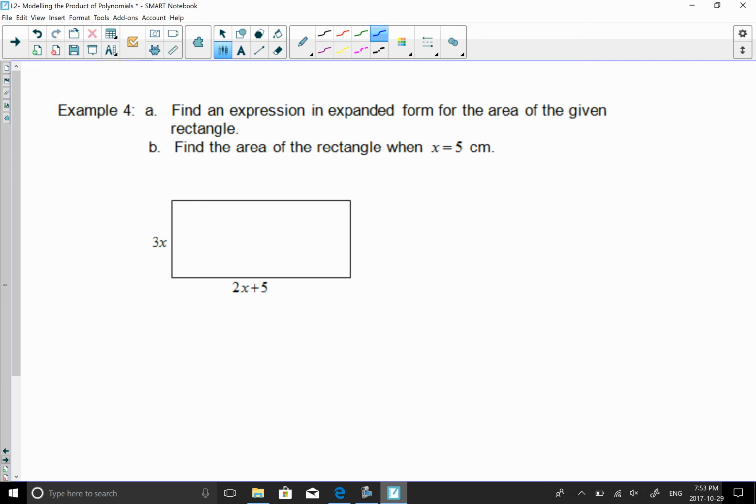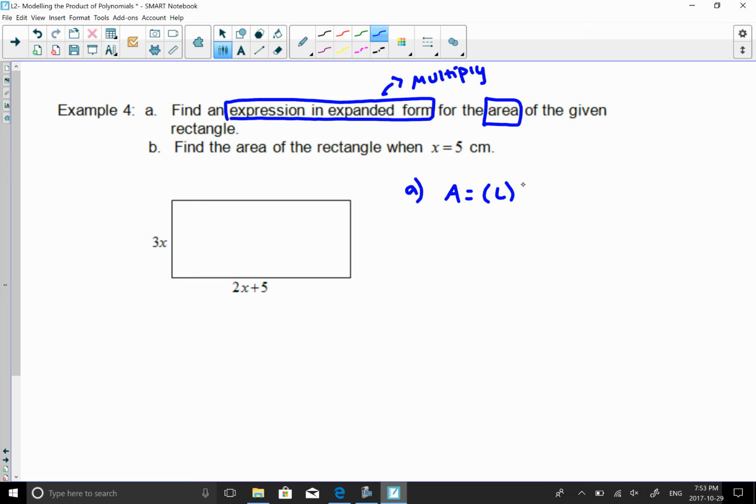In example 4 it says find an expression in expanded form. So it wants me to multiply when it says expanded. For the area, so we're talking about the area of the given rectangle. So I'm going to do part A first. If you recall, area of a rectangle is length times width.